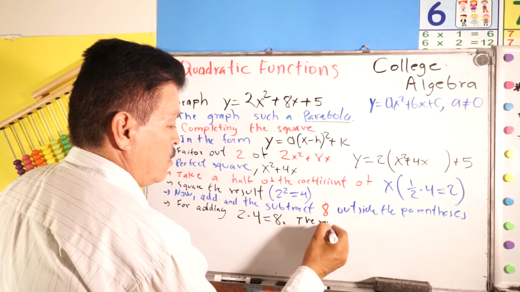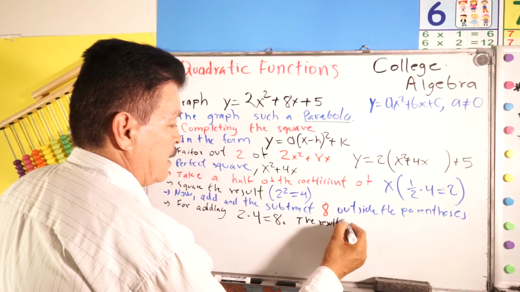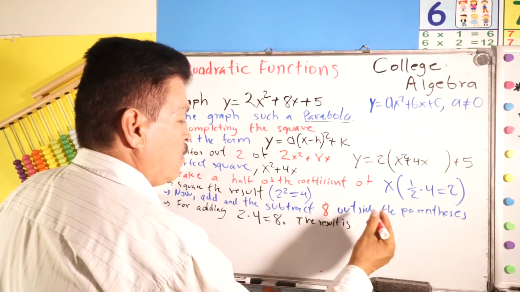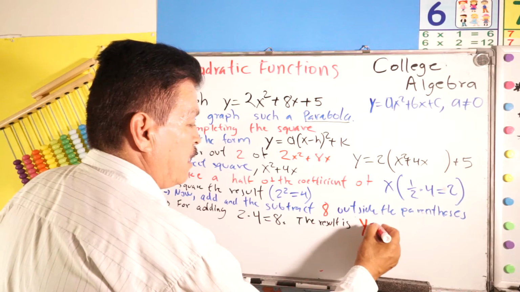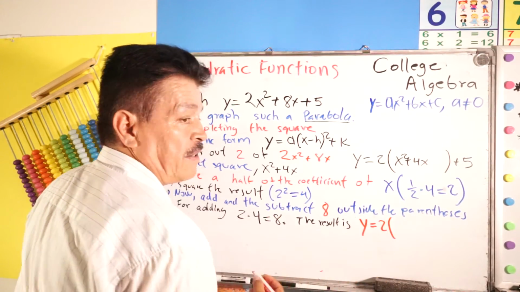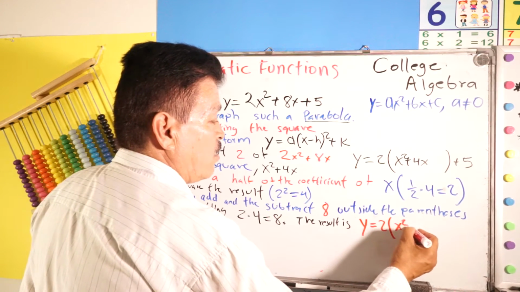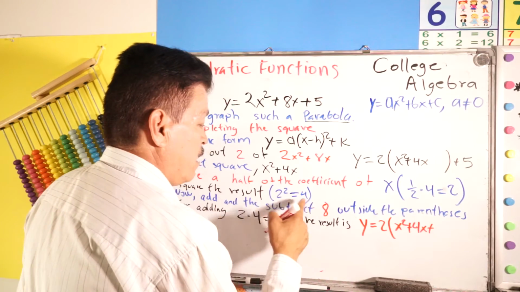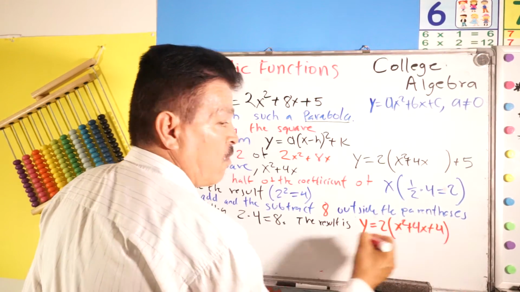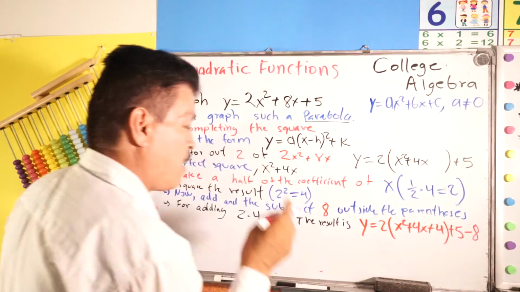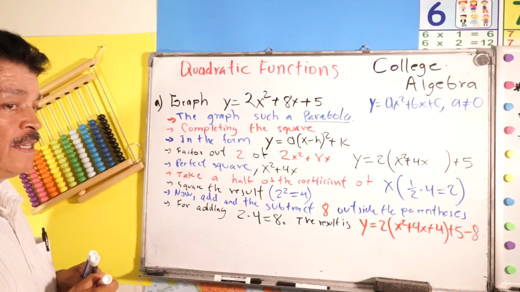So now when you add all this information, you process all the information. The result is 2 times (x squared plus 4x plus 4) plus 5 minus 8. All right, so we are there.